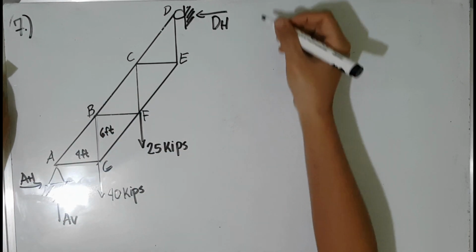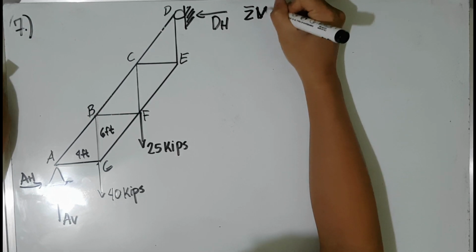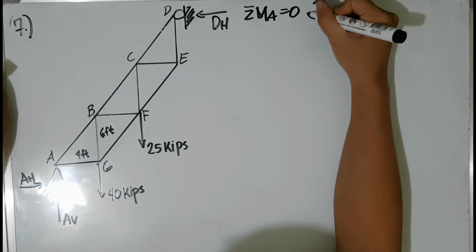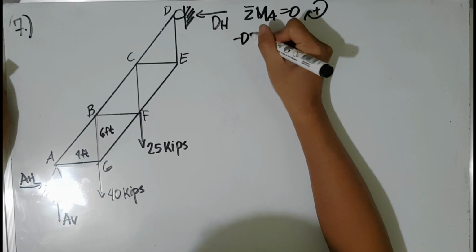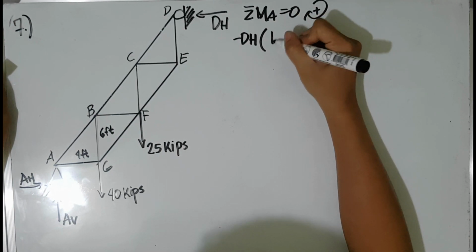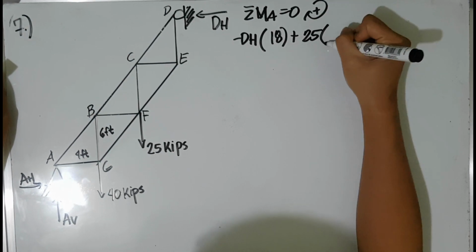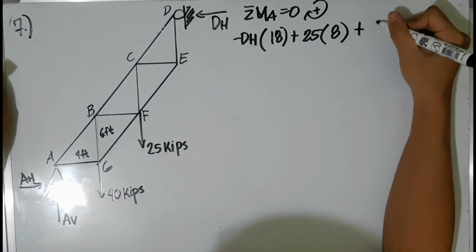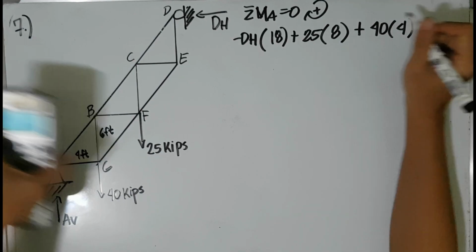So at support D, we have a roller, and then at support A, we have a hinge support. So taking the summation of moment at A equal to 0, clockwise positive, so negative D, and then the moment arm is 18 plus 25, multiplied by the moment arm 8 plus 40 multiplied by force equal to 0.